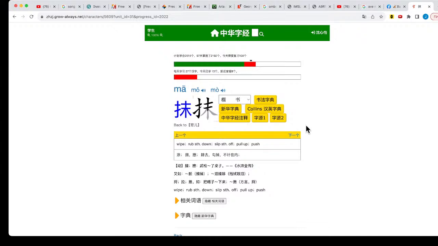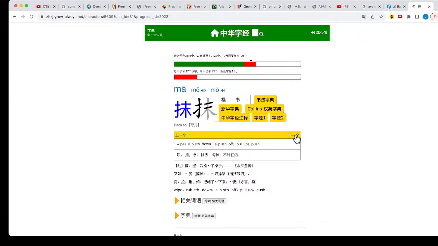That means you wipe clean the table. 抹桌子. And then 抹布. 抹布 means it's a piece of cloth, a rag, that you use to 擦桌子, to wipe tables. It's called 抹布.